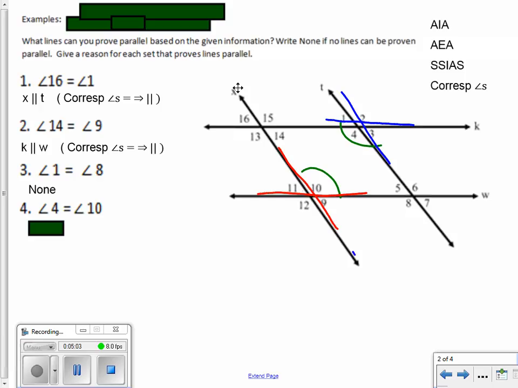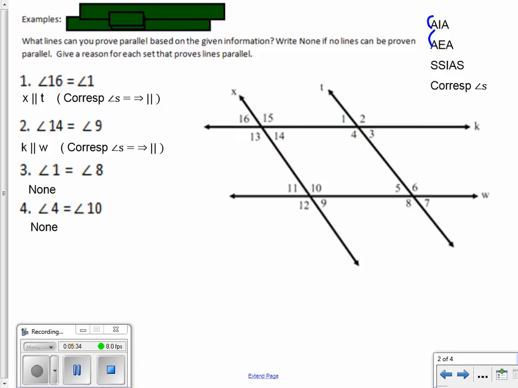So we can't necessarily say that they're alternate interior, alternate exterior, same side interior, or corresponding angles. They're none of those relationships based on the fact that they're both on two different lines. So if they satisfy none of those relationships, you have to say that they don't imply any lines are parallel. We can't say any lines are parallel just based on that information.